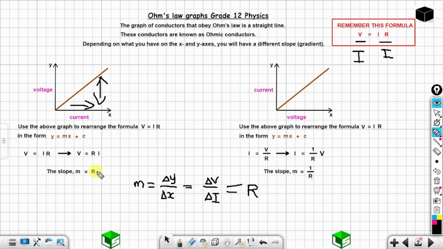The slope is equal to the resistance. Using this graph, the slope is equal to change in the y over the change in the x. In the y you have change in the current, over change in the x, you have change in the voltage.